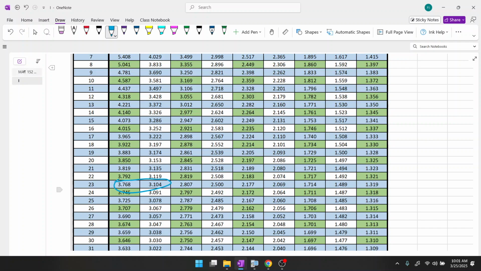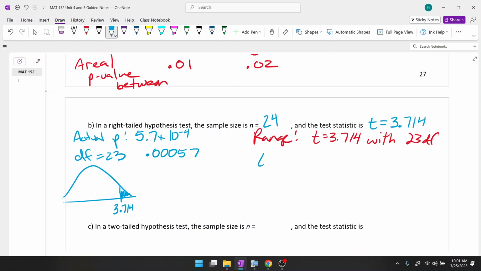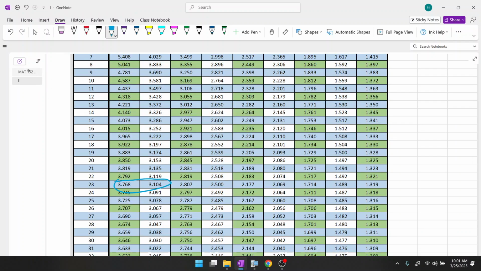So it's between where t is going to be 3.768 and where t is going to be 3.104.